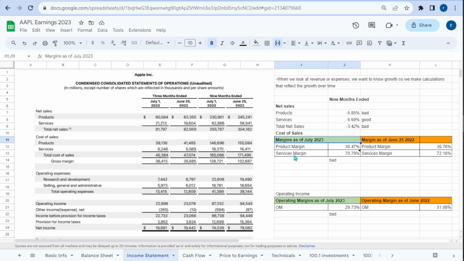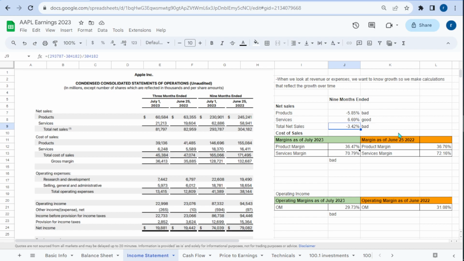So that's not necessarily a good thing. But what is a good thing is that we are seeing that services revenue go up. But the actual product revenue, that's going down. So it kind of balances it out. But then at the end of the day, when we're looking at total net sales, it's down 3.42% compared to that 2022 in June.